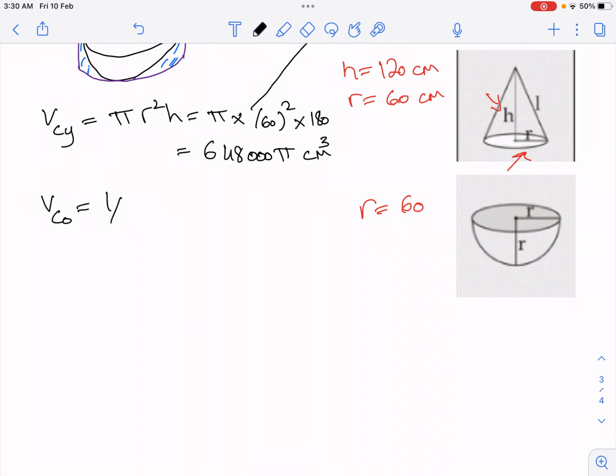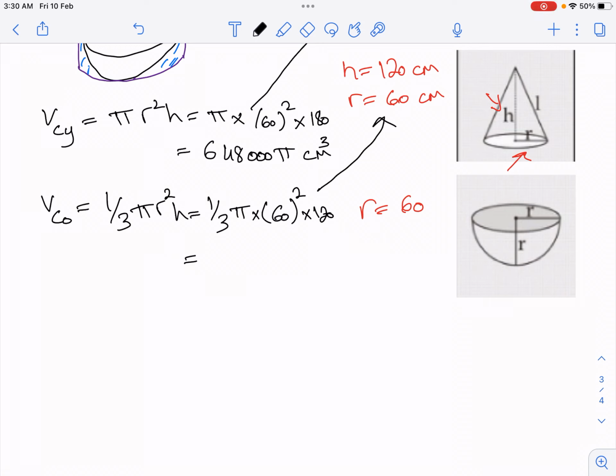So 1 over 3 pi, r is given, which is 60 centimeters, multiplied by h, 120.